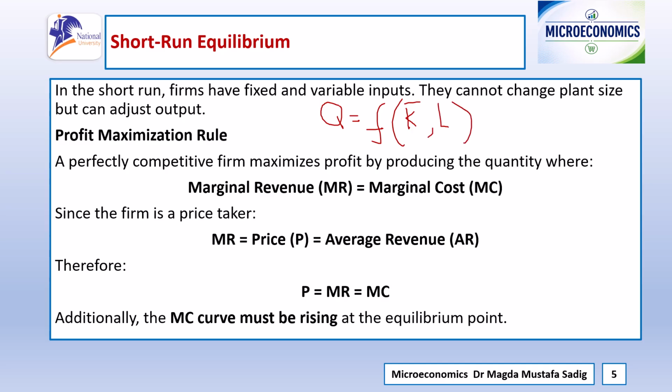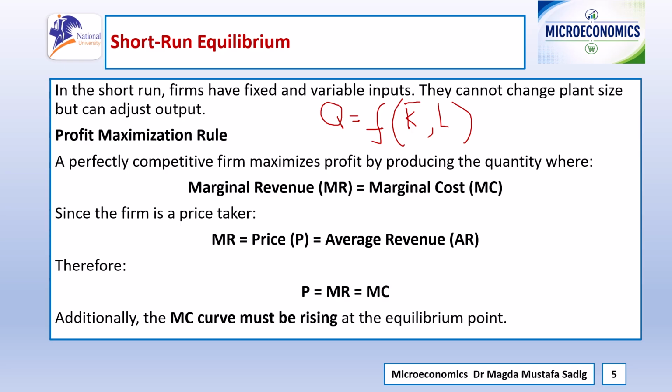So the capital is kept constant in the short run, because you are not going to purchase a new machine every day or every month, but you can change the number of workers if you want to increase the quantity produced. Now let us come to the profit maximization rule.